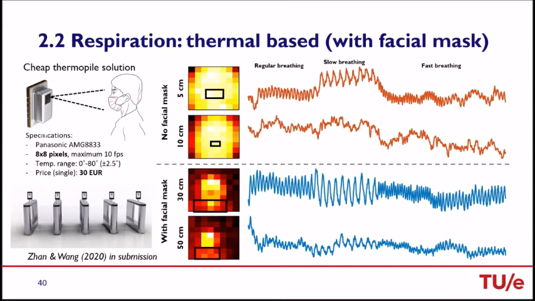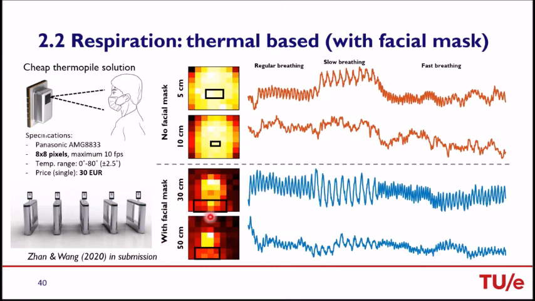And here's an example in our paper: without the facial mask we need to measure the nostril ROI, and then it's very sensitive to the distance. Only when we put the thermopile about 5 centimeters from the nose can you measure the breathing signal. At 10 centimeters, it already does not show a good signal.